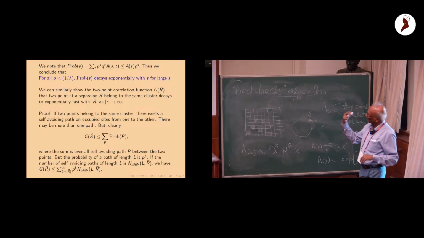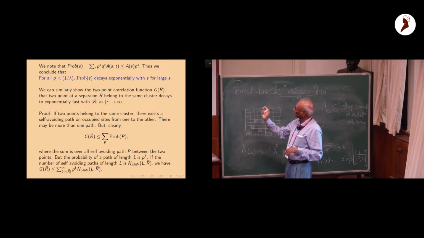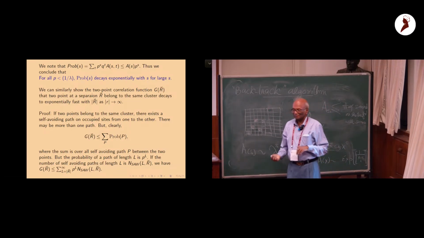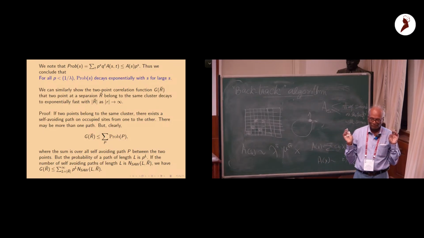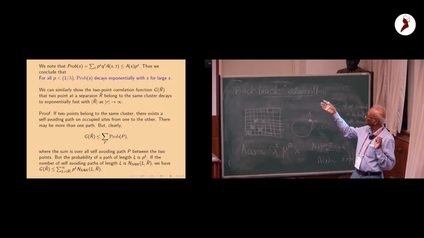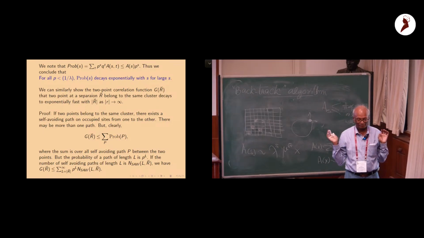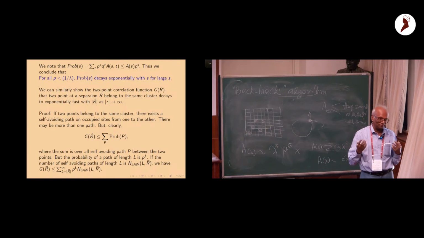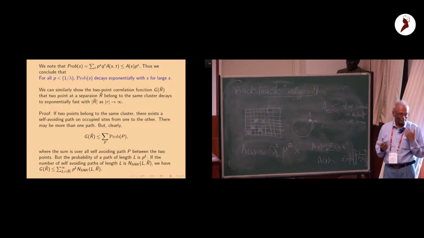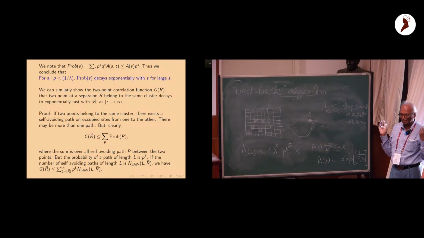So the actual function is prob s is p to the power s, q to the power t a s, but q is less than 1. So the largest value it can have is 1. So it's less than or equal to a s p to the power s. But p to the power a s goes like lambda to the power s by definition. So for all x less than 1 by lambda, this will be convergent, exponentially convergent.